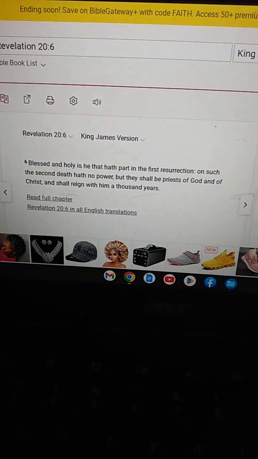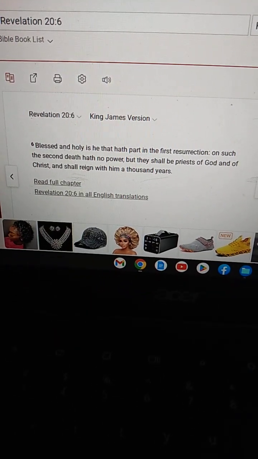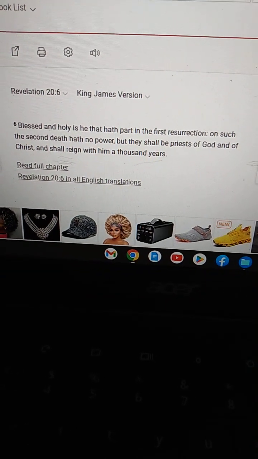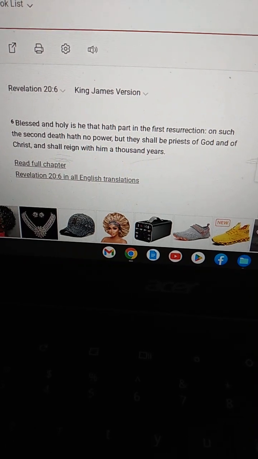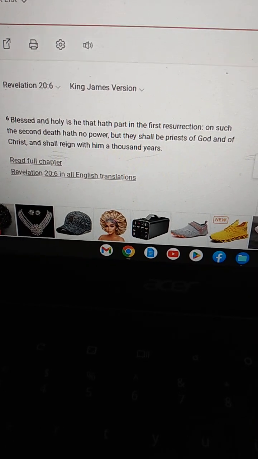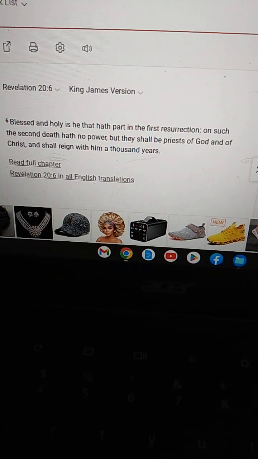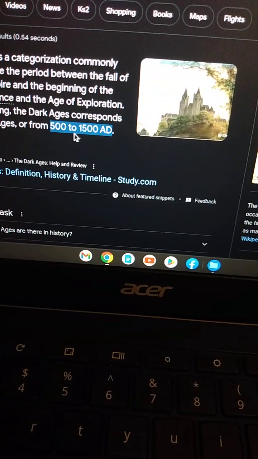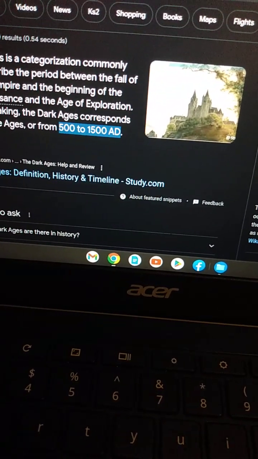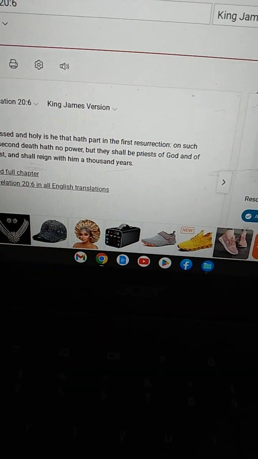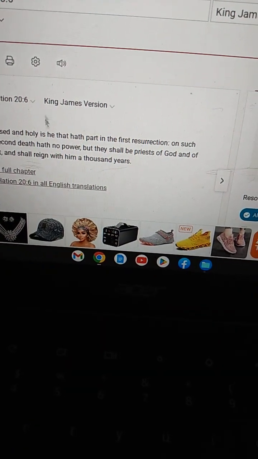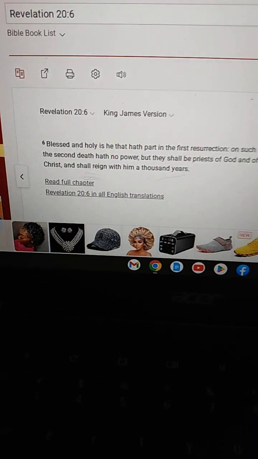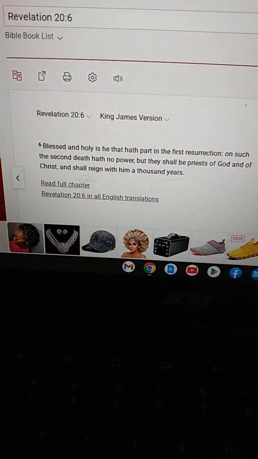This is Revelation 20:6, and it reads, "Blessed and holy is he that hath part in the first resurrection. On such the second death hath no power, but they shall be priests of Yahweh and of Yahweh Shah, and shall reign with him 1,000 years." And that from 500 AD to 1500 AD was the 1,000 years that we reigned. And coming out of that Roman Empire was the first resurrection. You dig?